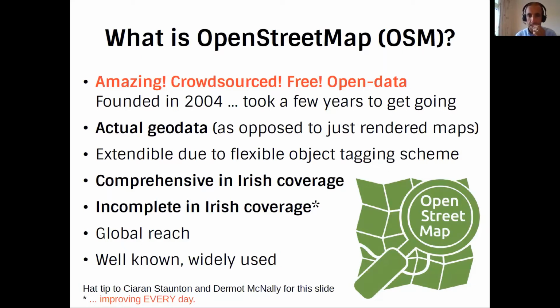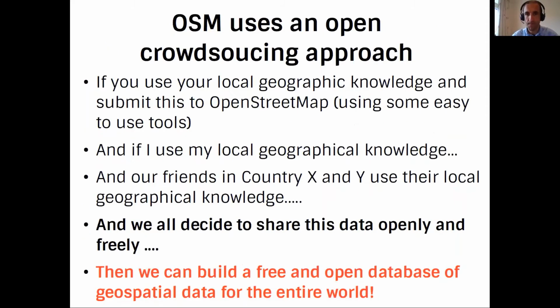And it's very comprehensive in terms of its coverage in Ireland. There are incompletenesses in Ireland, which are being addressed, but it has global reach. And there's great flexibility in Openstreetmap, and that's what I hope to show today, that there's a very wide breadth of geographic data in Openstreetmap that people should be aware of and might consider in your general everyday usage of mapping, but also your research.